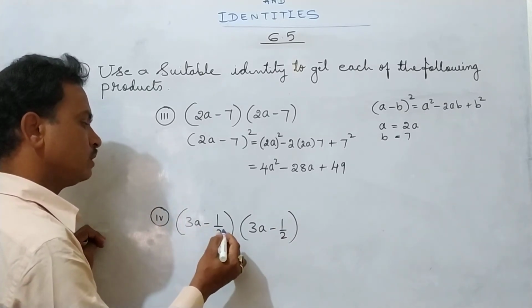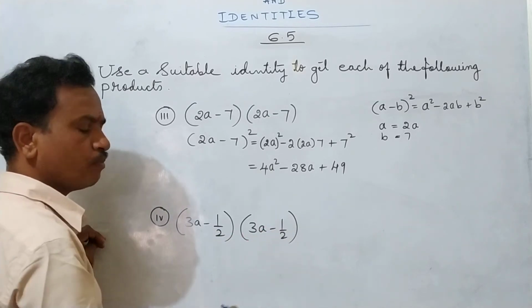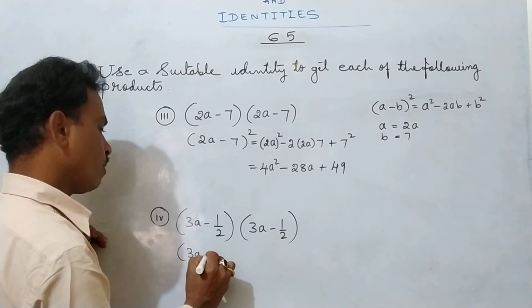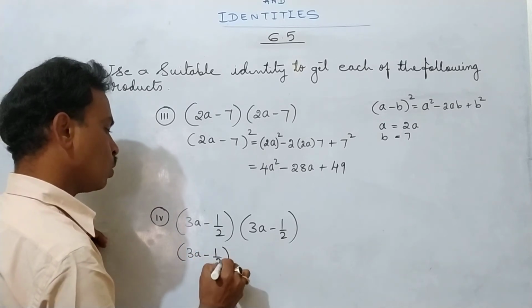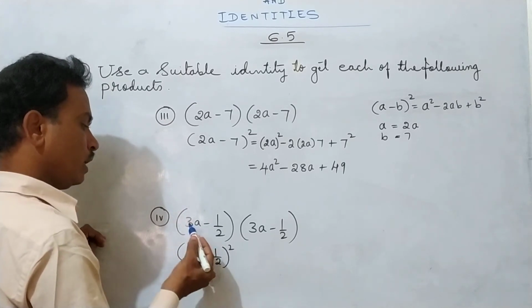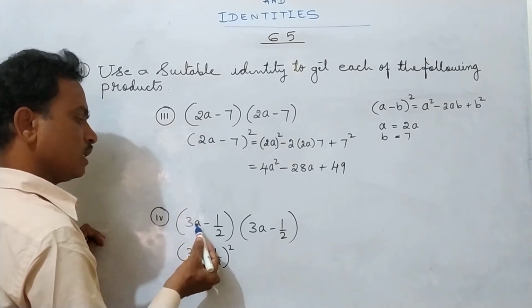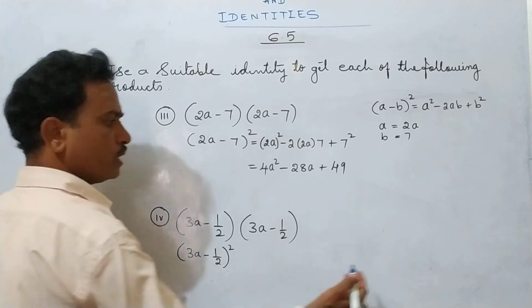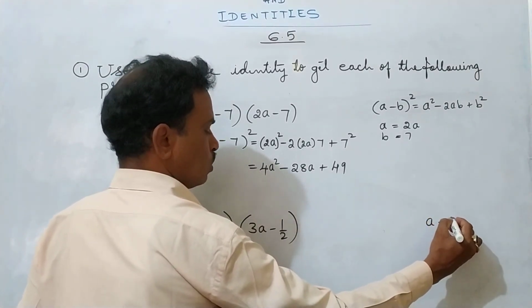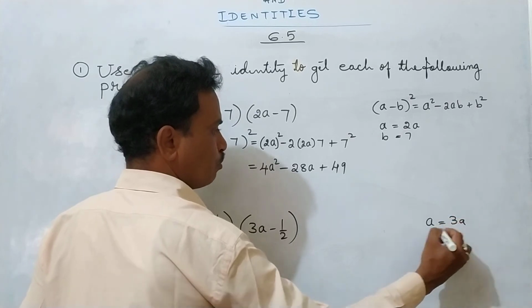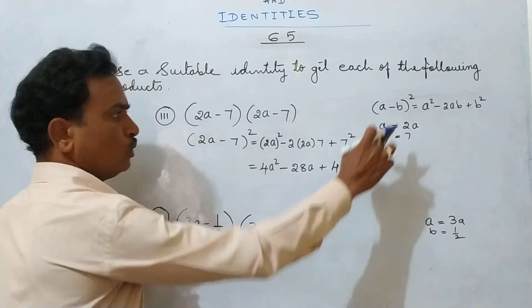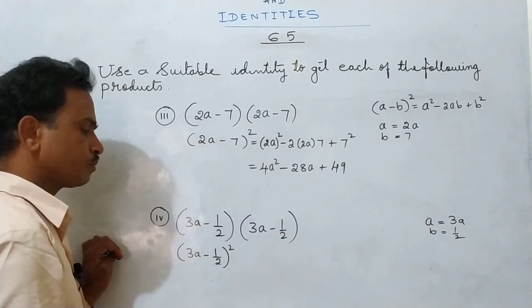Now similarly come to question number 4. Now 3a minus 1 by 2, 3a minus 1 by 2. So this can be written as 3a minus 1 by 2 the whole square. Here first term is 3a, second term 1 by 2. In rough column, a is equal to 3a, b is equal to 1 by 2. Now we have to use the same identity.